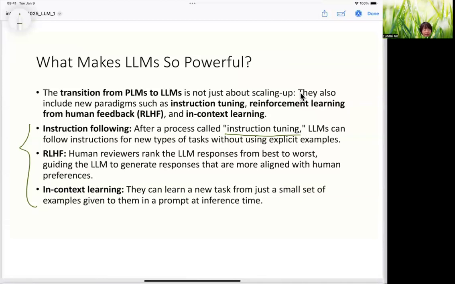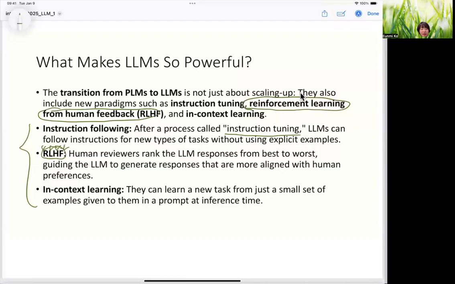We also have, large language models also have this feature, reinforcement learning from human feedback, RLHF. Actually, you have experienced it if you have used ChatGPT. Sometimes ChatGPT gives you two kinds of answer options and asks you which one you prefer.